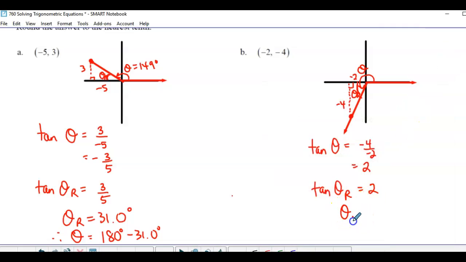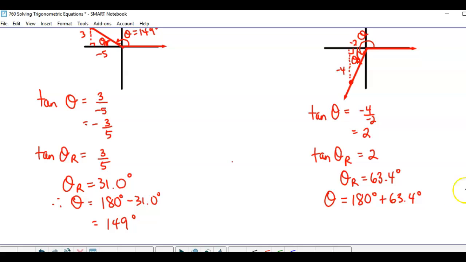So notice how here, if I had just solved this to get theta, I would get 63.4, but that's actually not what theta is. So that's why I changed it to the reference angle. So reference is 63.4, so theta is 180 plus 63.4 because it's in that third quadrant. So that's 243.4.